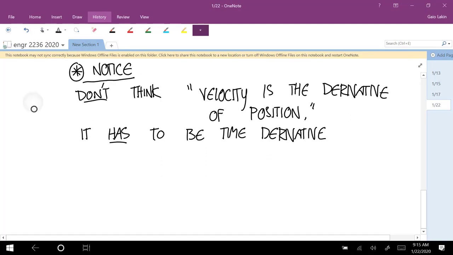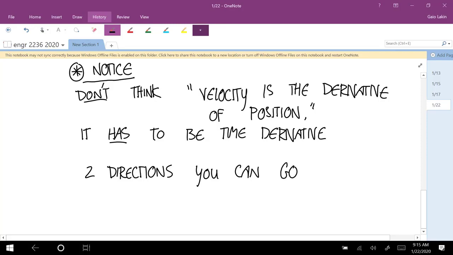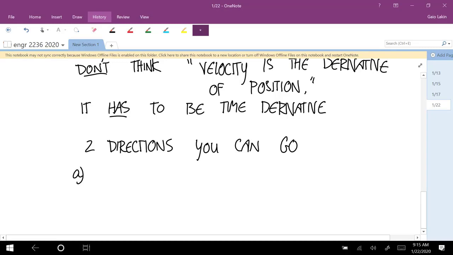Okay, there's two directions you can go with these derivative relationships. The first one is you can go in the direction from position to velocity, or velocity to acceleration.